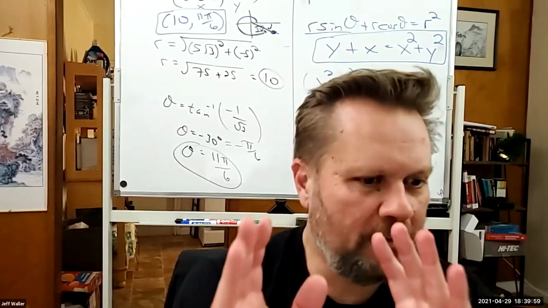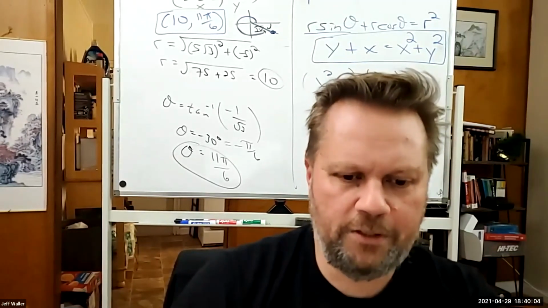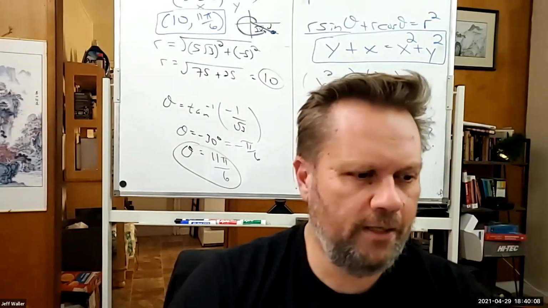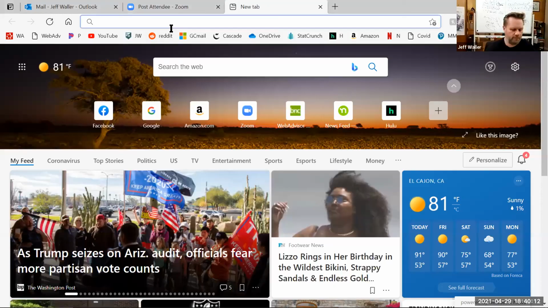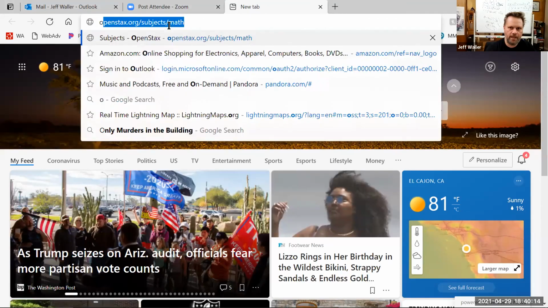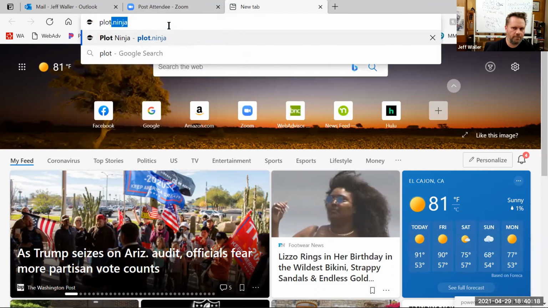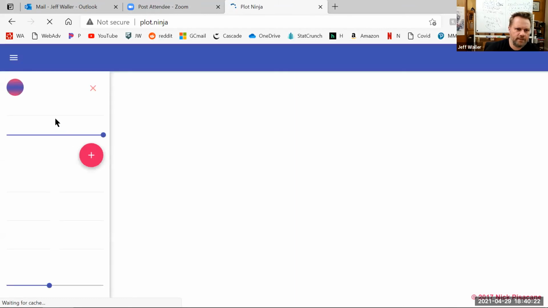Real quick, I love my computer programmers because, here, last thing I'll show you. Let's see if this is cool to you guys. I don't think I've shown you this yet. If you go to plot.ninja. Have I shown you this yet?